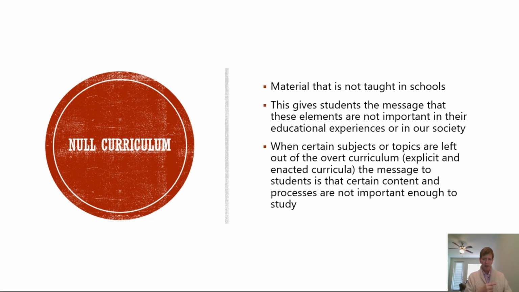It sends a message to the students about which groups, which peoples, which skin color matters within the curriculum and is valued within the curriculum and which one doesn't. That null curriculum is very sneaky because oftentimes, to be very honest, the teacher might not be explicitly thinking about the null curriculum, but it's there. And the students pick up on it.